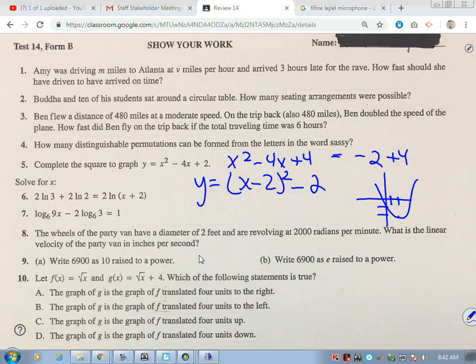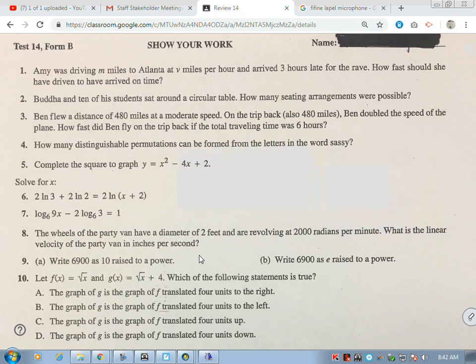All right. Number 6. Anybody get an answer for this? Okay, we got an answer of 3. Anybody else get an answer here?